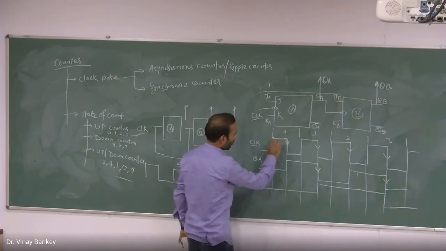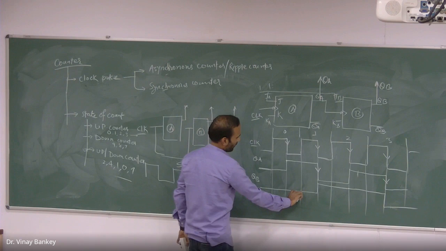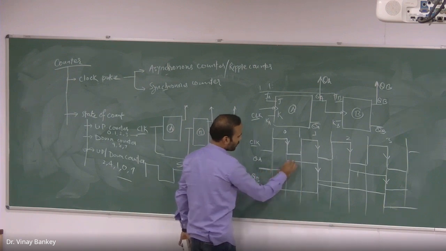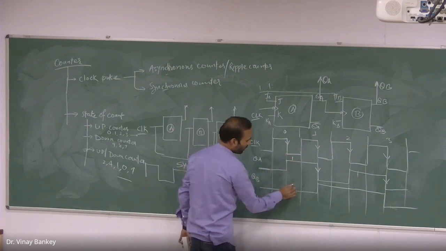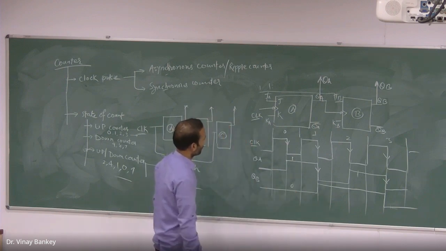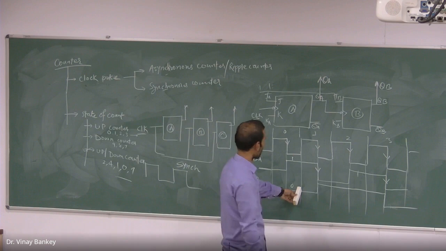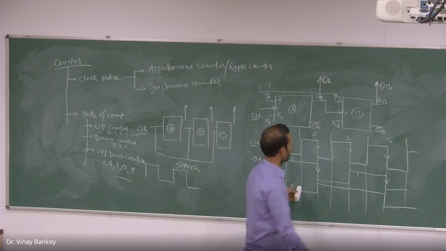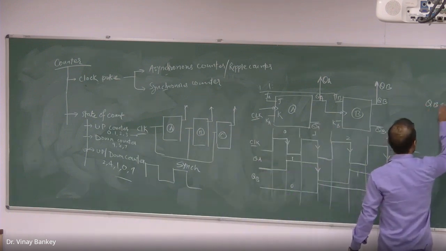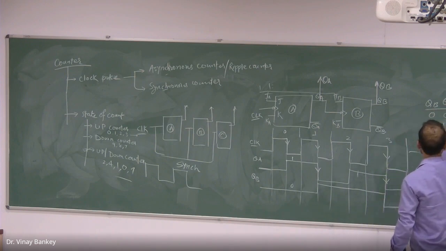Now say, for the 0th clock pulse, what are QA and QB? This is 1 and 0. Isn't it? Did I make a mistake here? It should be like this: 0, 0, 0, 1, 1, 0, and 1, 1.